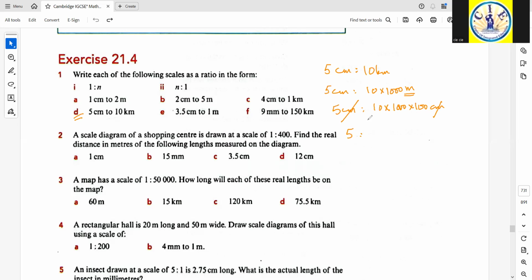And on the right side of this ratio, we are having 1,000,000. So for now, since we need to have the form 1 is to n, we need to divide this by 5 and this by 5 on both the sides so that the answer comes to be 1 is to 200,000.